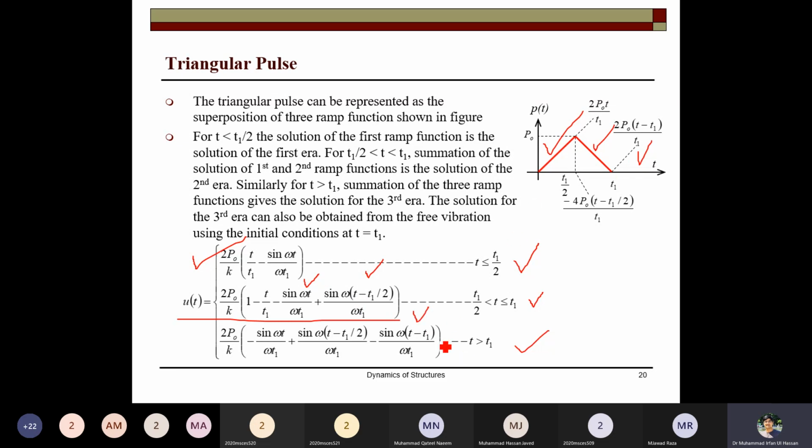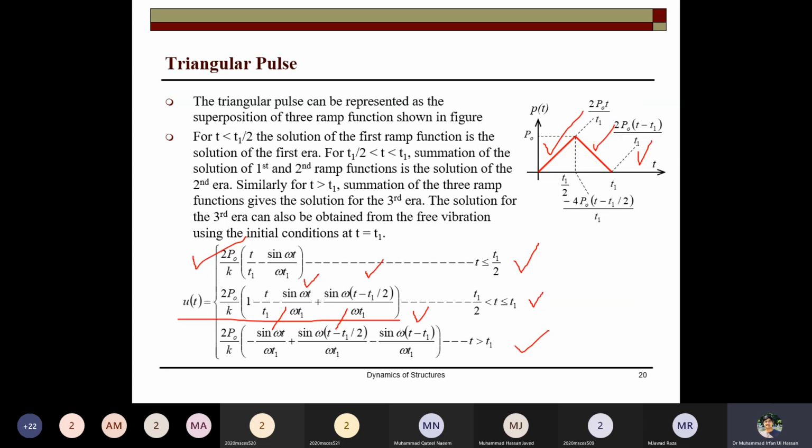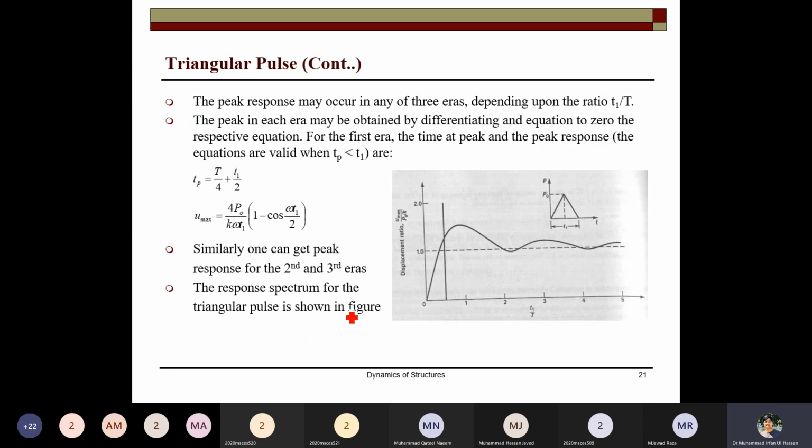This is the new response which will be added to the previous two responses. This is the case of the triangular pulse, and when we plot the behavior of this triangular pulse, the displacement as a function of t1 over T, this is the behavior.